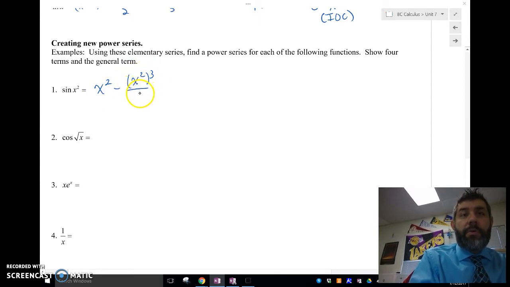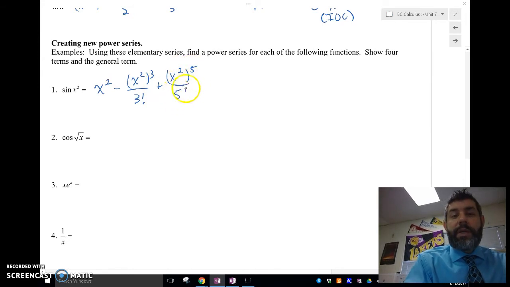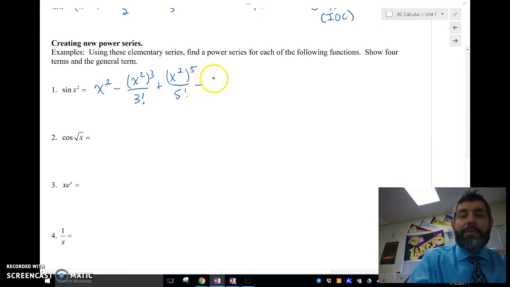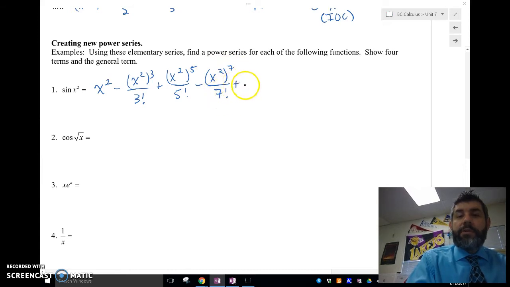Now I'm going to show you my plugging in x squared to the fifth. If you see me looking up, it's because I have the sine x up there so I can see what I'm plugging into. Plus x squared to the seventh over 7 factorial, and so forth.